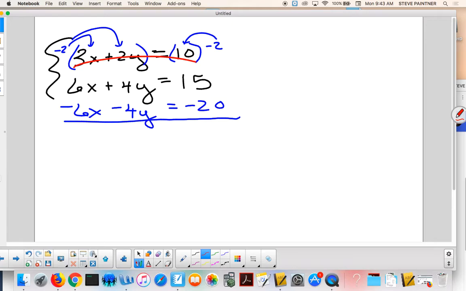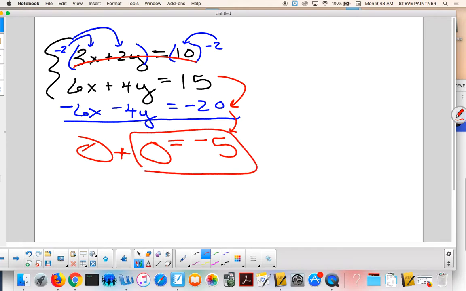Okay, what's 6x take away 6x? 0. Plus 4y take away 4y, 0. Equals what? Negative 5. So basically, doesn't it say this? Your x's and y's disappear just like last week. And you got a false statement.